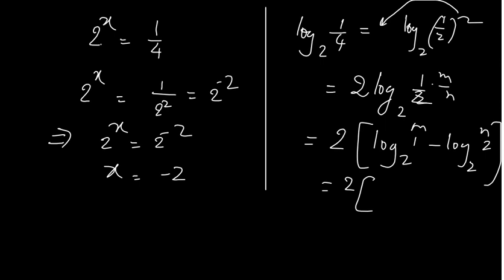So log 1 is 0. Log 2 to the base 2 is 1, so we get minus 1. Understood, right? So the 0.3010 won't come into picture at all.